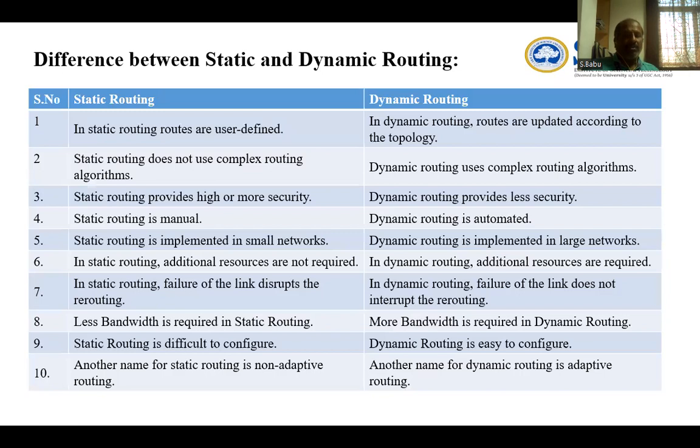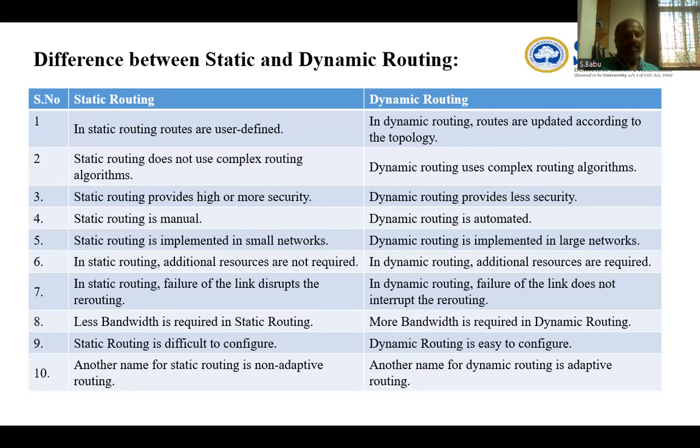Next, what is the difference between static routing and dynamic routing? In static routing, the routes are user defined; the user provides everything manually. In dynamic routing, routes are updated according to the topology.